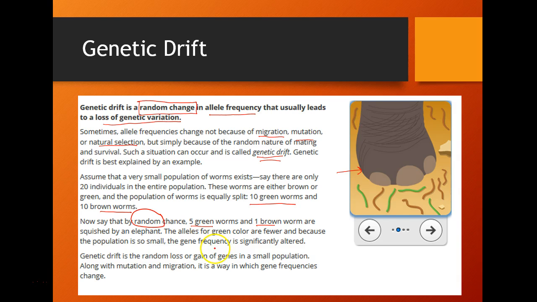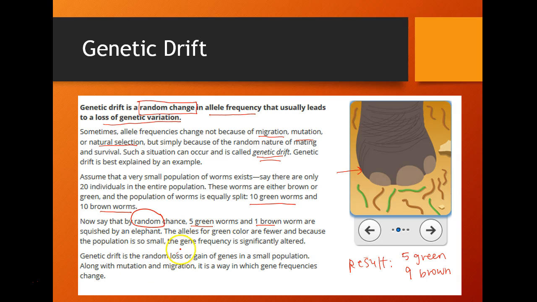And so what ends up happening is the result is that now we only have 5 green and we have 9 brown. So instead of there being equal amounts of green and brown worms, we now have more brown than green.